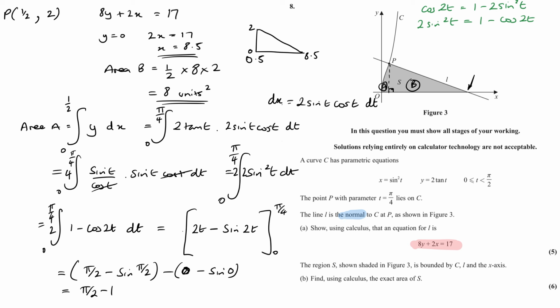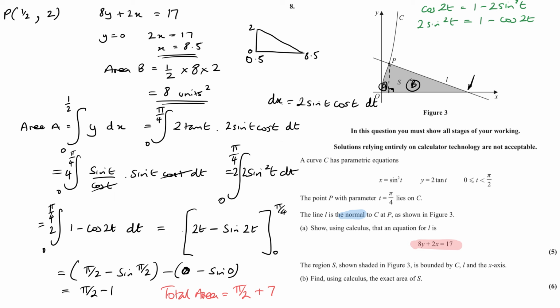So we've got a total area. Let me put this in red so you can see and it stands out. So total area is pi by 2 minus 1 plus the 8. So it'll be pi by 2 plus 7.